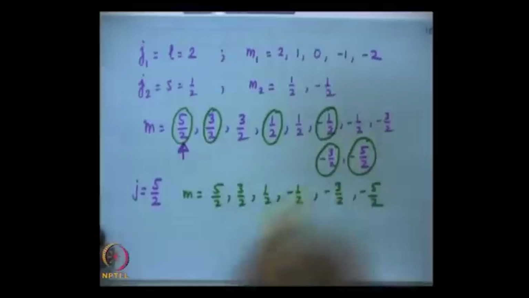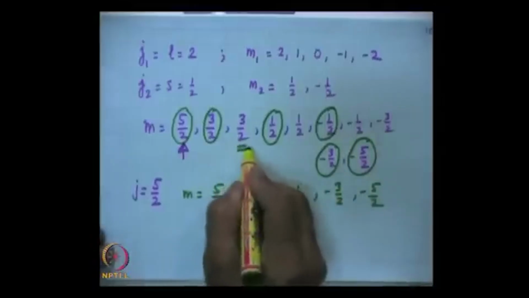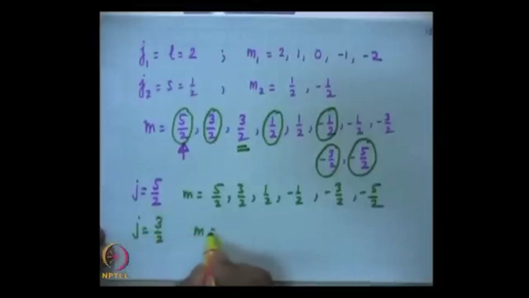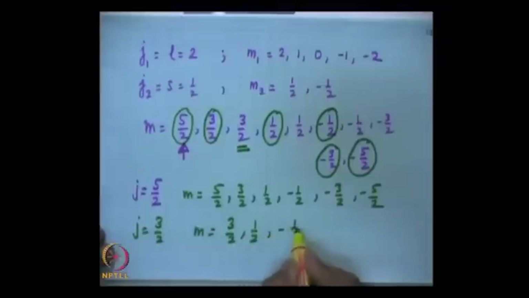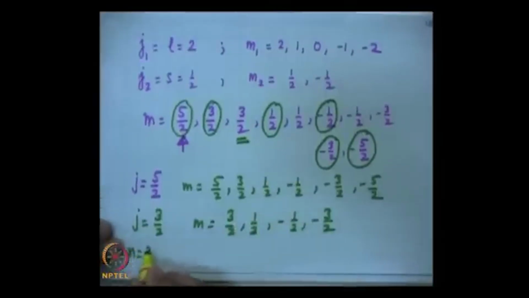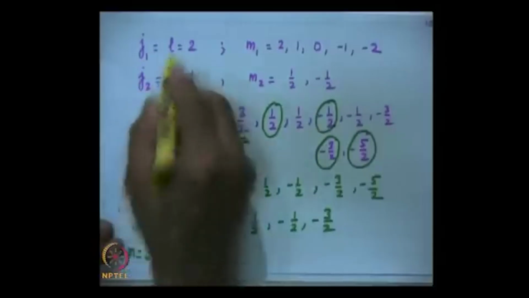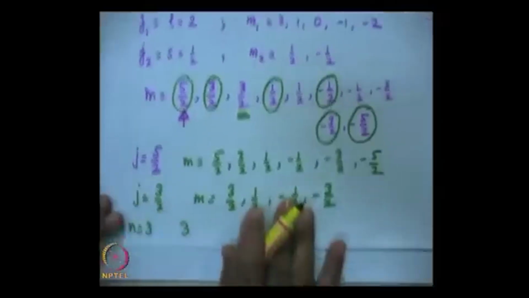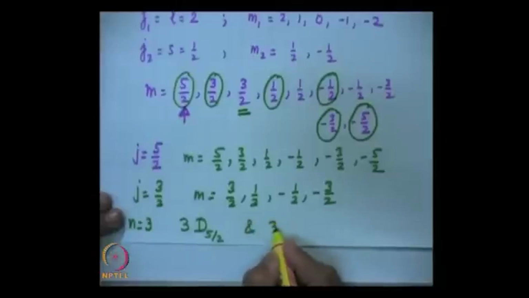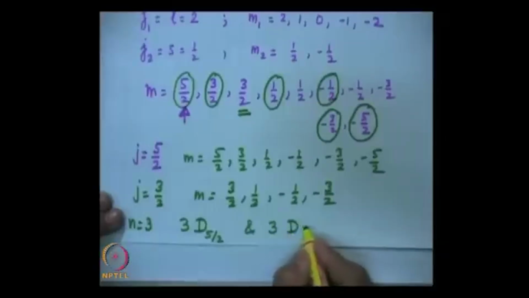Then there are 4 remaining, the maximum value is 3 by 2. So, j will be 3 by 2, m will be 3 by 2, half, minus half and minus 3 by 2. Thus if n is equal to 3, and let us suppose L is 2, that is the 3d state, you will have j will be 5 by 2 and 3 by 2, a doublet again, d 3 by 2.